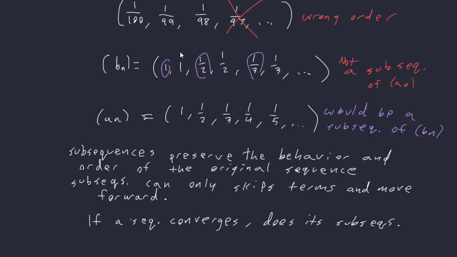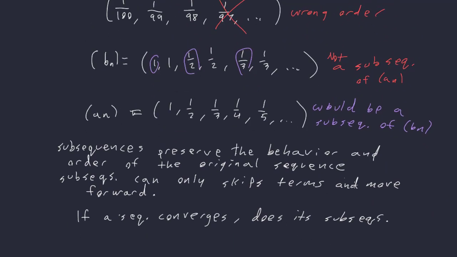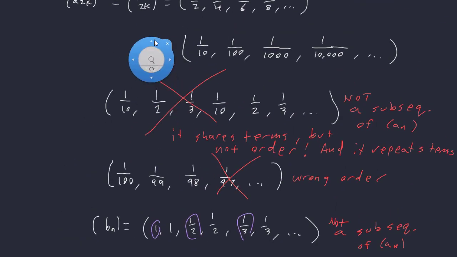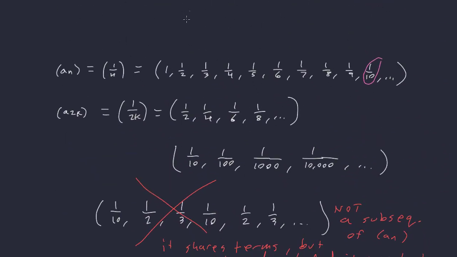I should also say, actually, I'm glad this came up. Note that a subsequence still has to be a sequence. So 1, 1/2, and you just terminate, this is also not a subsequence, because a subsequence still has to continue on forever just like a normal sequence does.